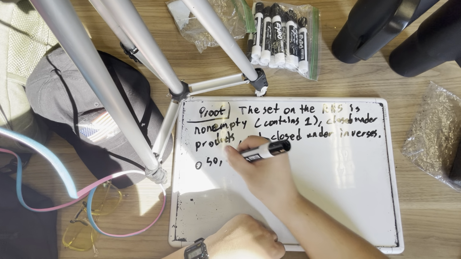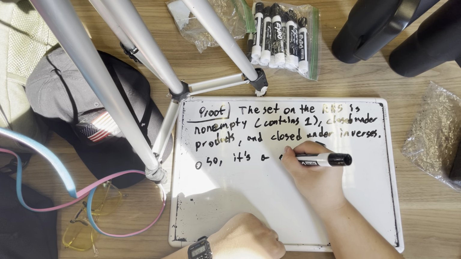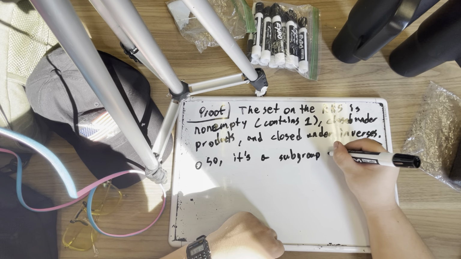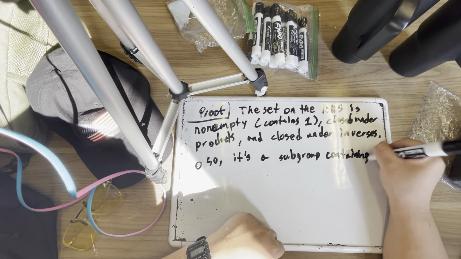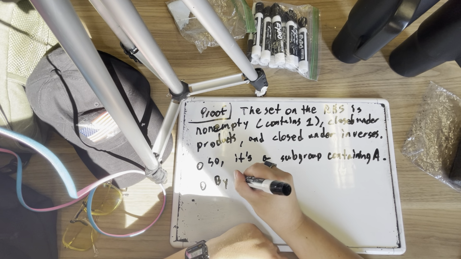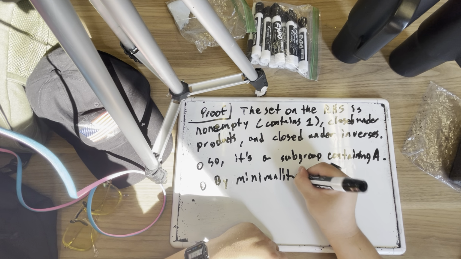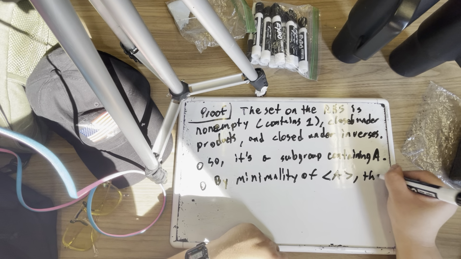So it's a subgroup containing A, the set A. By minimality of the group generated by the set A, they coincide.